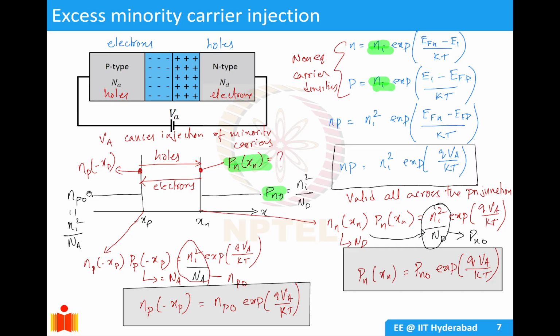Outside the depletion region, ideally in the p side you have n minority carriers, and in the n side you have p minority carriers, which are ideally given by ni square by Na for the p side and ni square by Nd for the n side.